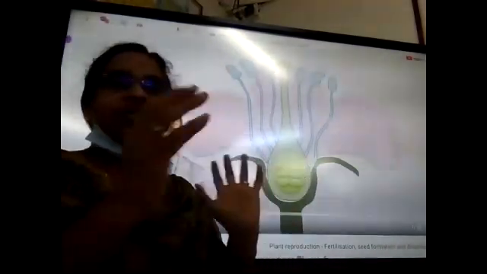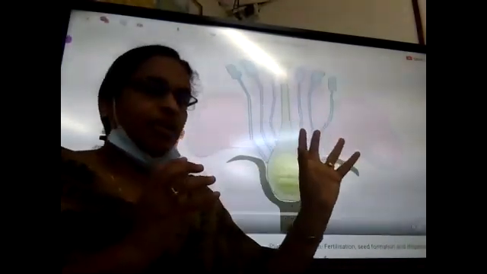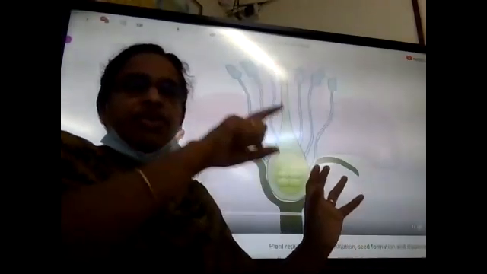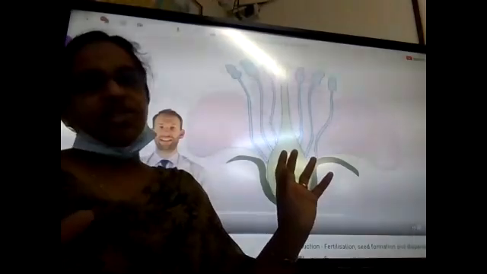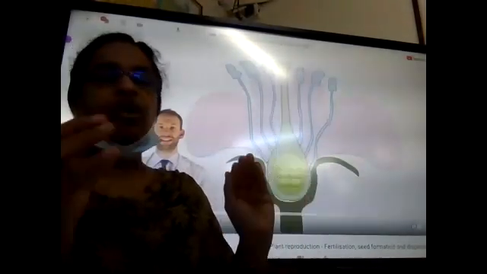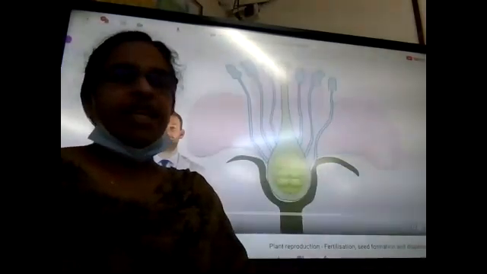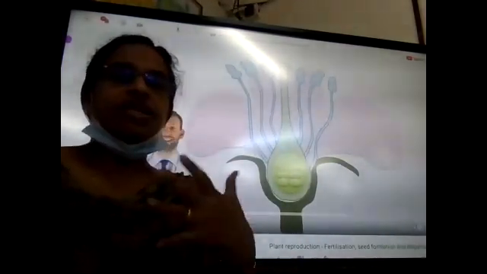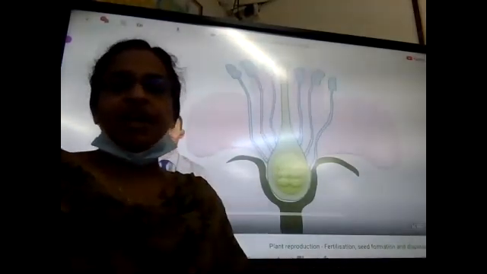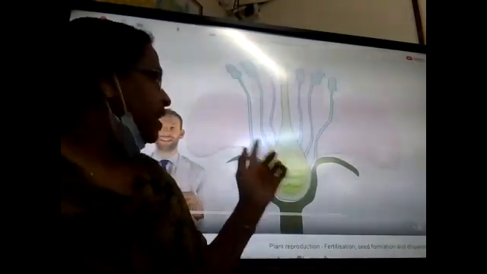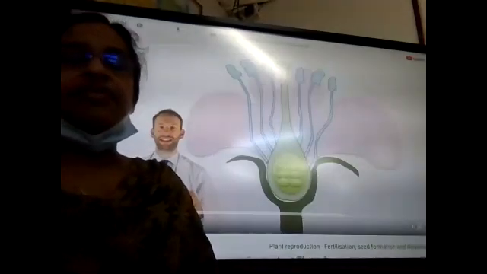And if pollen from one flower falls on the stigma of another flower of the same species, we call it cross-pollination. About insect and wind pollination, actually it is not included in the syllabus. Okay. Now, next part is the fertilization.